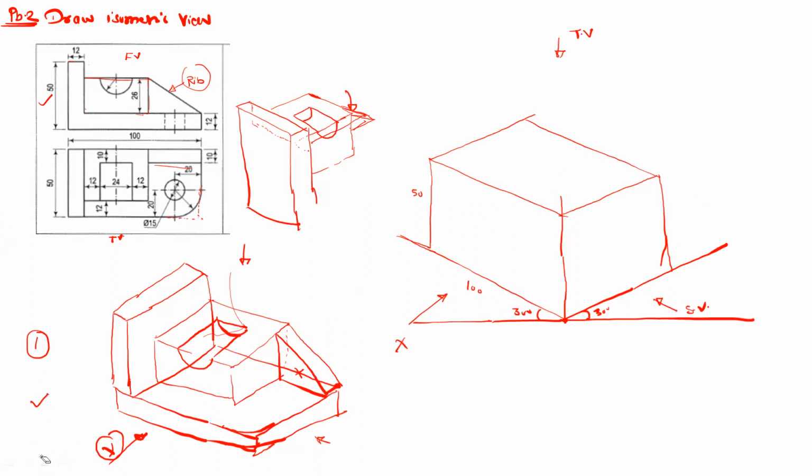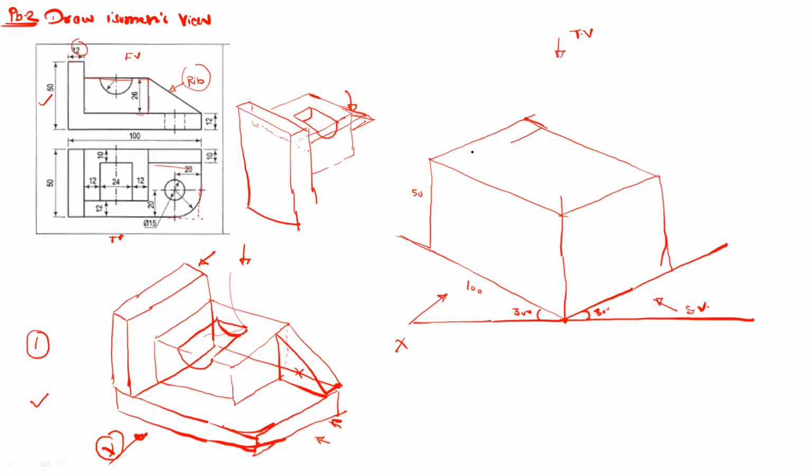Then you can start the actual drawing. You can start from this vertical plate and this horizontal plate. From this point, take the distance, which is 12 mm. You can refer here, 12 mm.